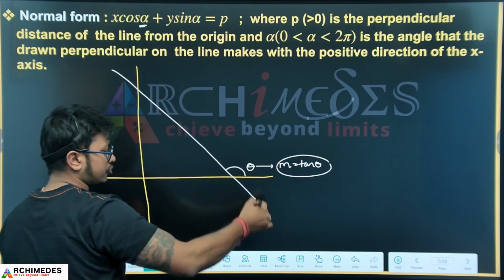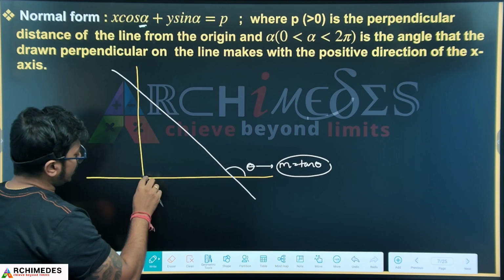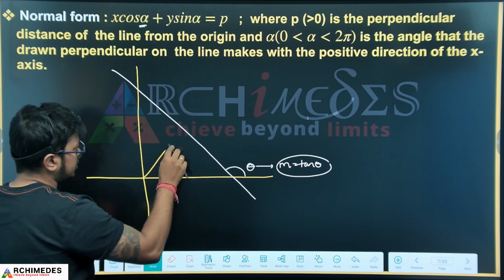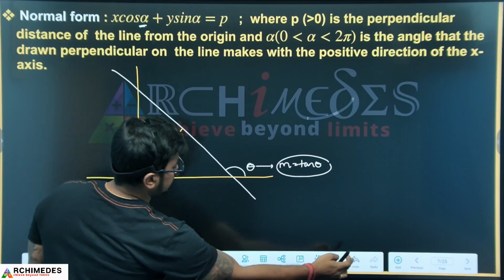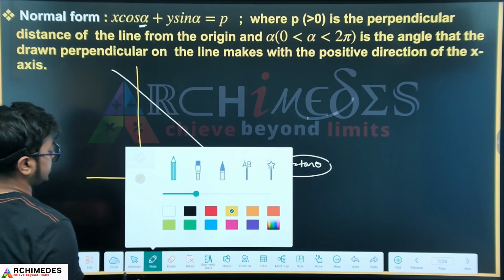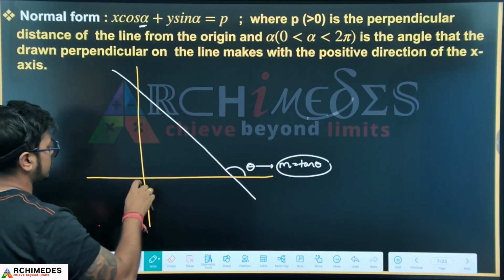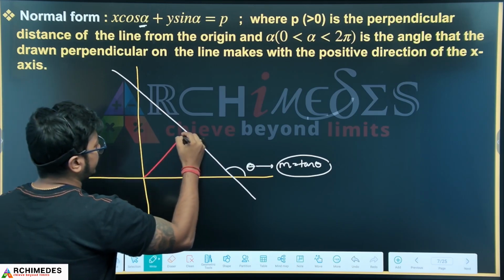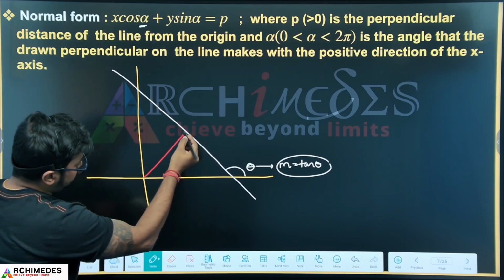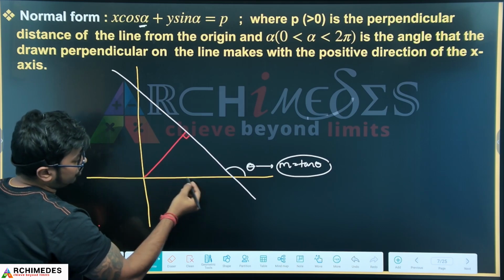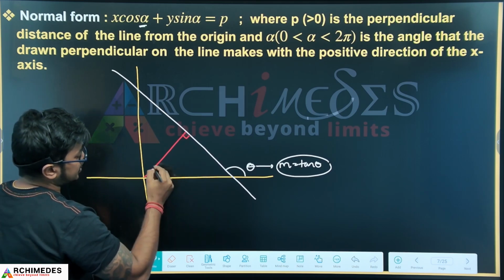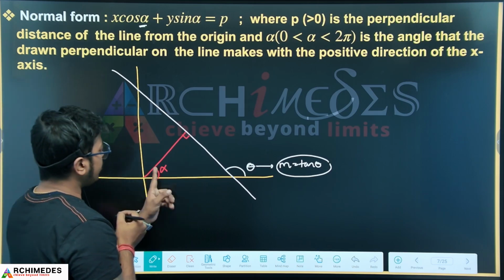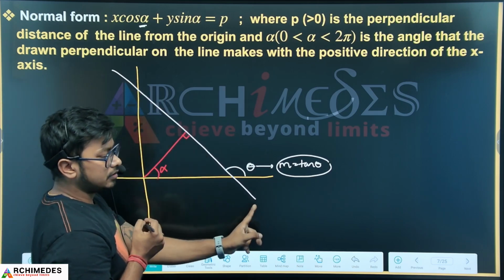Suppose this is the line drawn. Now draw a perpendicular line to this line from the origin. Let's consider this line, or better, I'll draw it in a different color. So look over this red line. This is a perpendicular, remember that. And this perpendicular line makes an angle alpha with the x-axis. That means alpha is not the angle made by this line.